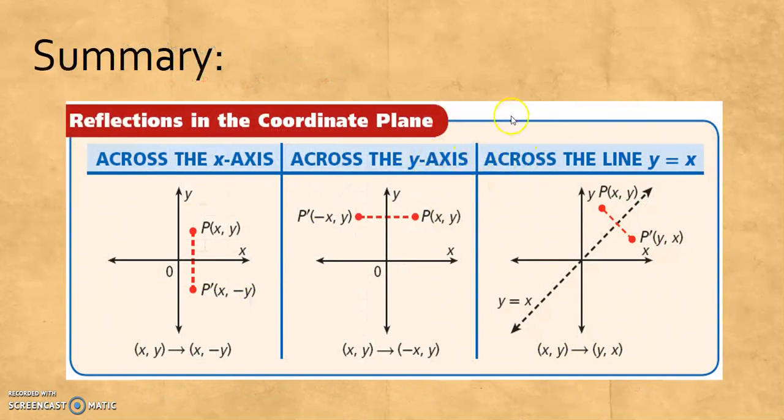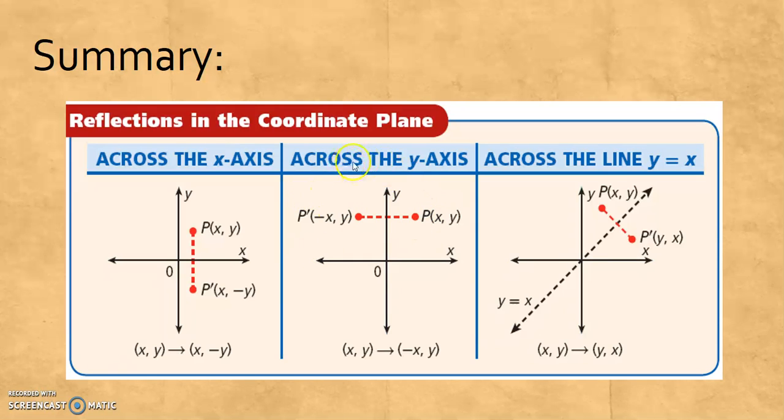Here's a little cheat sheet, a little summary on how to reflect. If we reflect across the x-axis, then we take the original coordinates, and the y is going to get changed. That's the opposite of y, -y. So if this was 3, this would be -3.